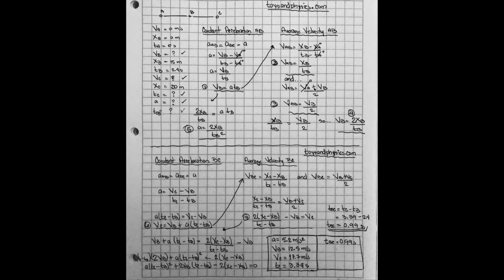Now, the interesting thing here is that if we make 2 and 3 equal, if we just say those two are the same, which they are, we have this new equation. So now we know that the position in B divided by the time in B equals the velocity in B divided by 2.